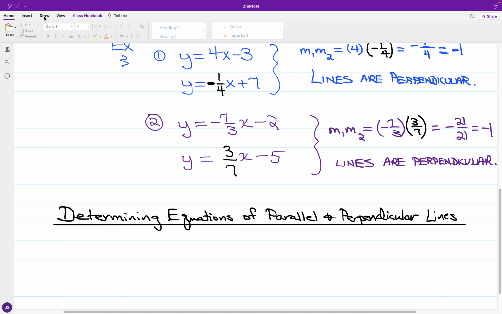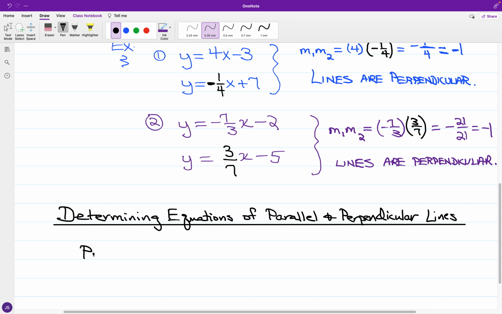Again, we'll be using the formulas from the other day. We have the point-slope formula: y minus y1 is equal to the slope m times the quantity of x minus x1.